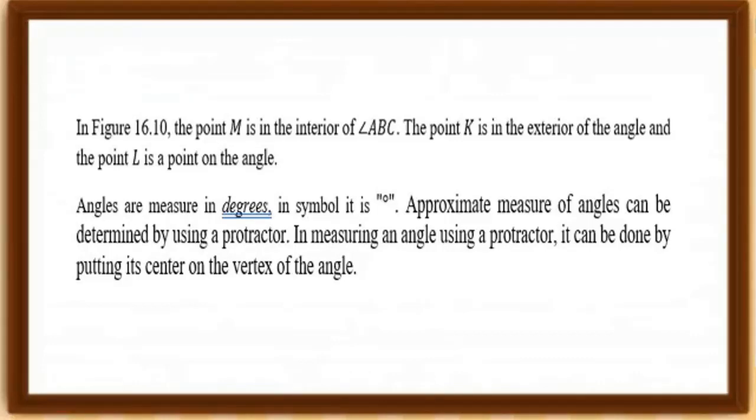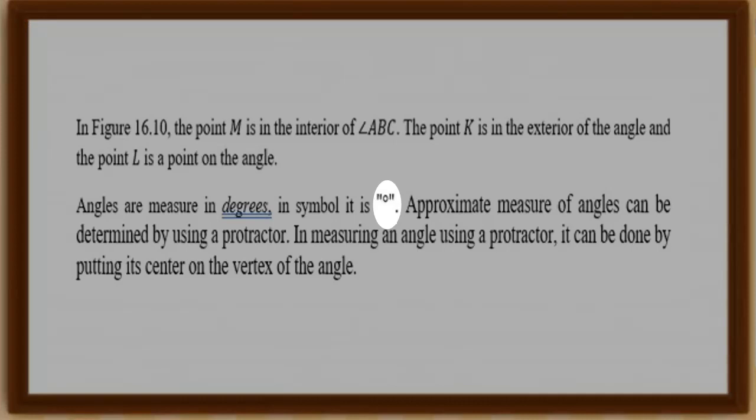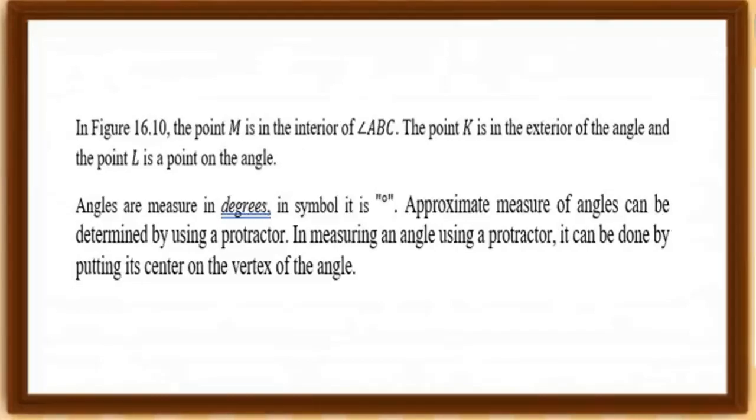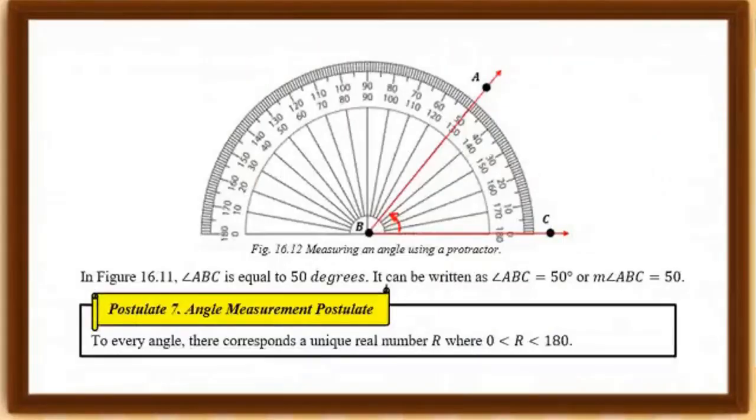Angles are measured in degrees. The symbol is this. The approximate measure of an angle can be determined by using a protractor, putting its center on the vertex of the angle. So this is an example of a protractor that we have.